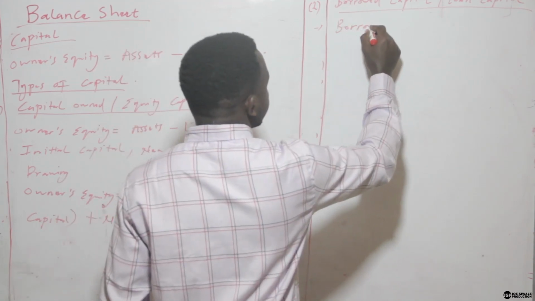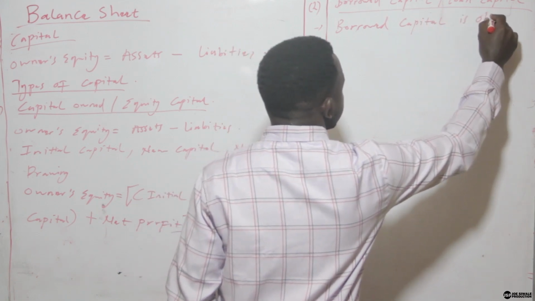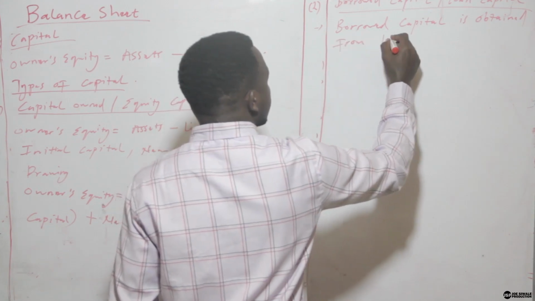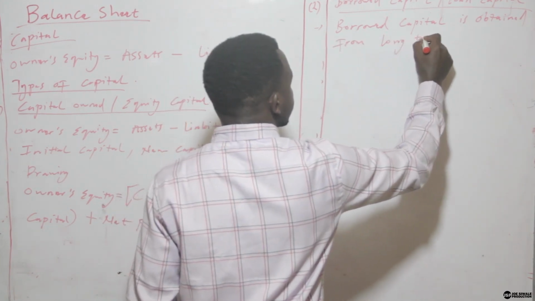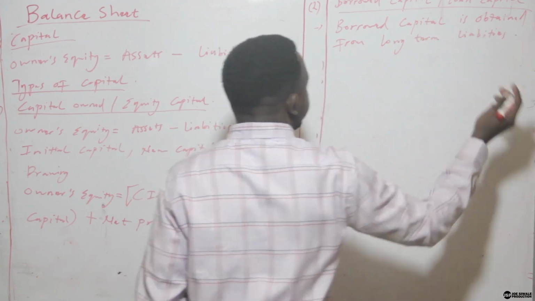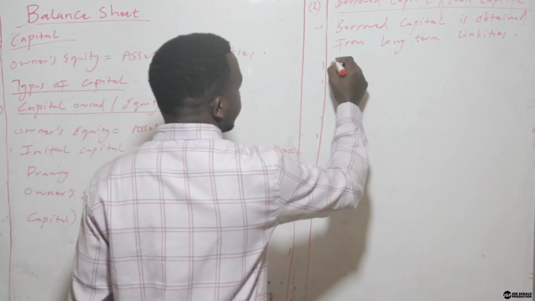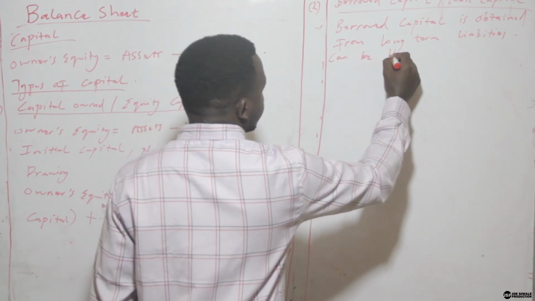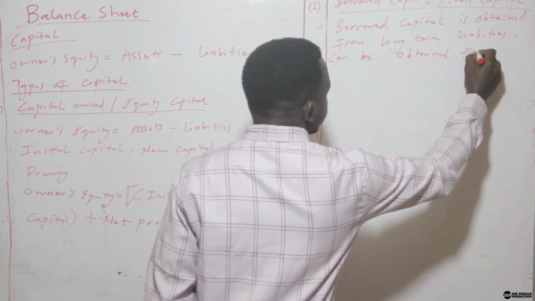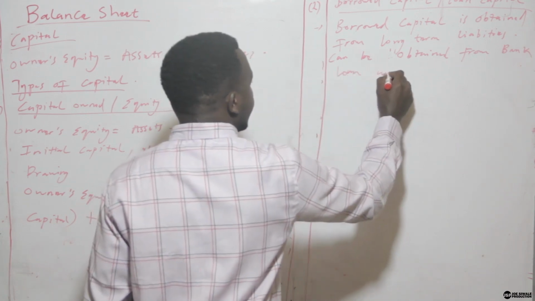So here for the borrowed capital, borrowed capital is obtained from long-term liabilities, and that means that it can be obtained from bank loan and debenture.